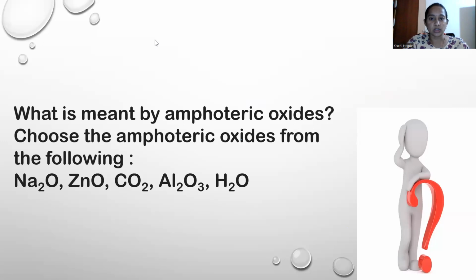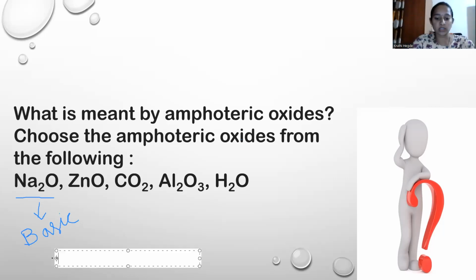Na2O. Let us understand this Na2O. Na2O is nothing but sodium oxide. This sodium oxide is actually basic in nature. Why is it basic in nature? Because it reacts with an acid like HCl to produce NaCl and H2O.